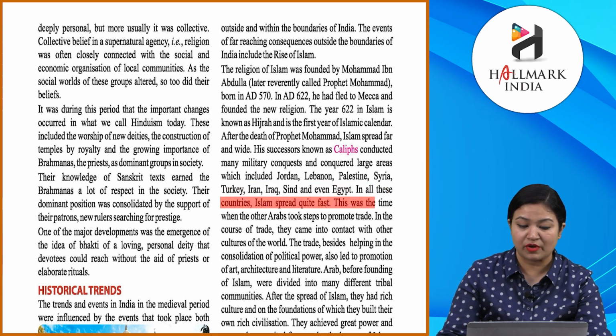This was the time when the Arabs took steps to promote trade. In the course of trade, they came into contact with other cultures of the world. The trade, besides helping in the consolidation of political powers, also led to promotion of art, architecture and literature. Arabs before the founding of Islam were divided into many different tribal communities.